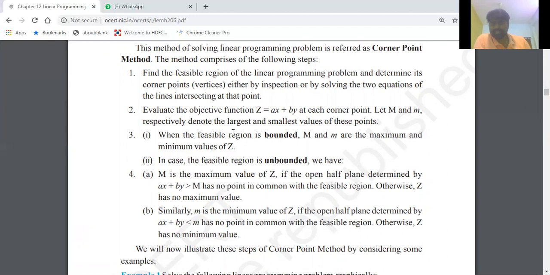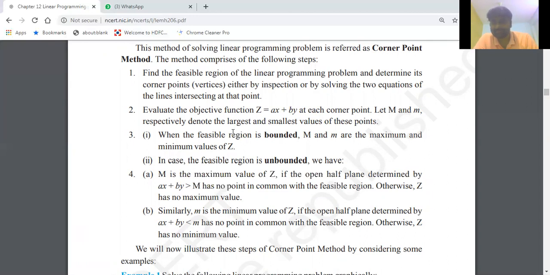Okay, acha. Here we have two types of problems: the bounded linear programming problem and the unbounded linear programming problem. So, bounded and unbounded. In the previous example, what was that graph?